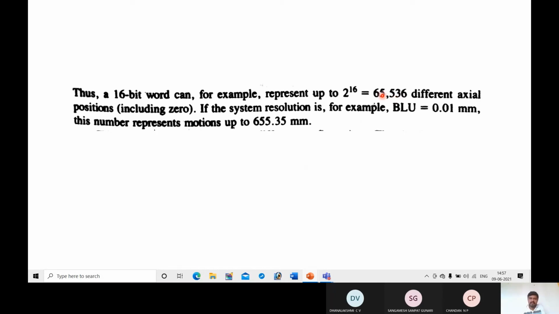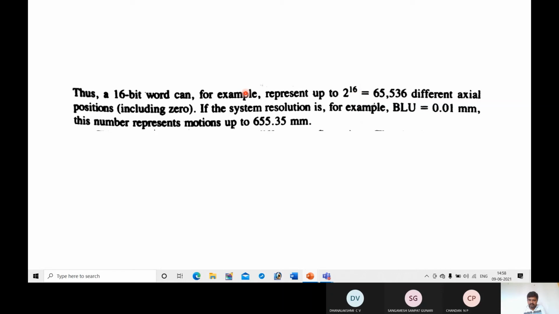If the system resolution has a basic length unit of 0.01 mm, this represents motions up to 655.35 mm. That means the capacity of the 16-bit register is up to 2 power 16.